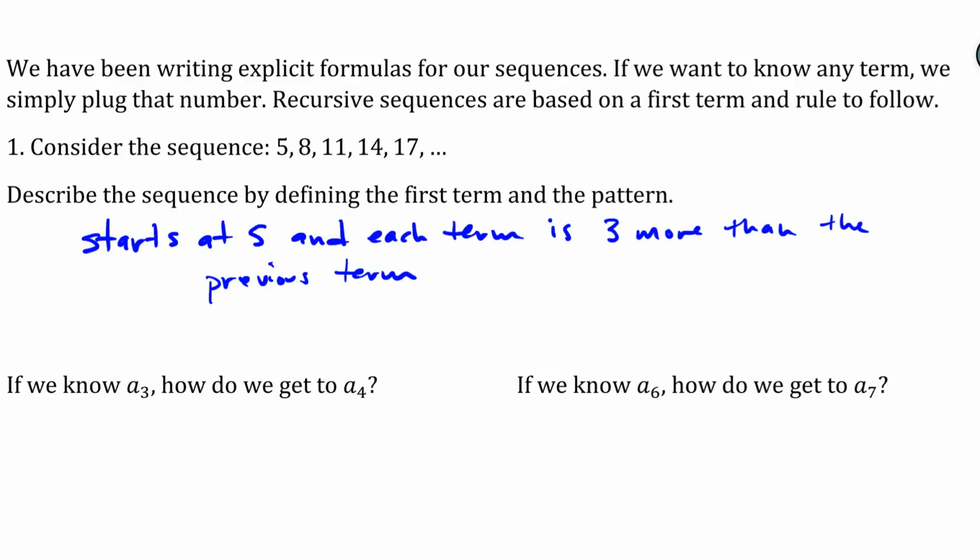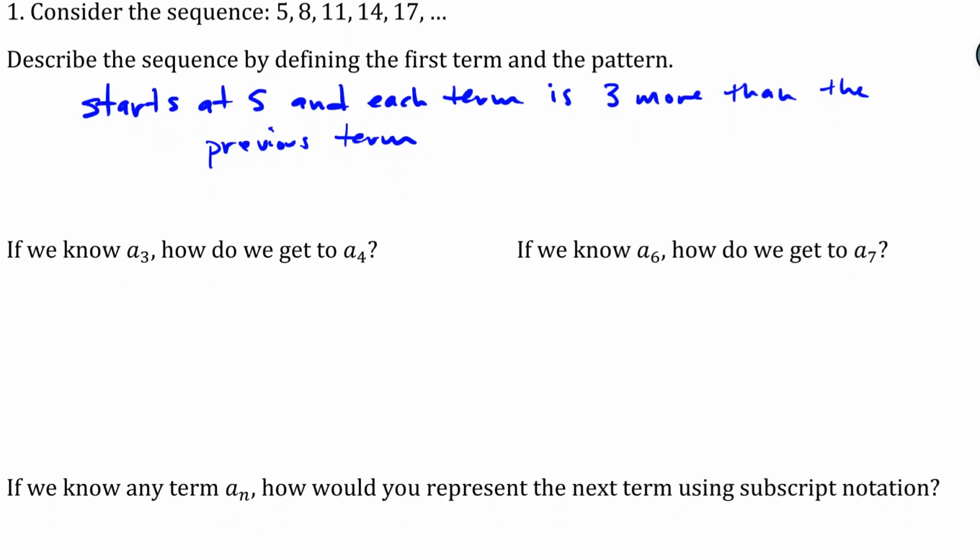So in starting to look at what a recursive sequence is, we can answer these 2 questions. If we know a sub 3, how do we get a sub 4? So a sub 4 is equal to a sub 3 plus 3, because each term is 3 more than the previous term.